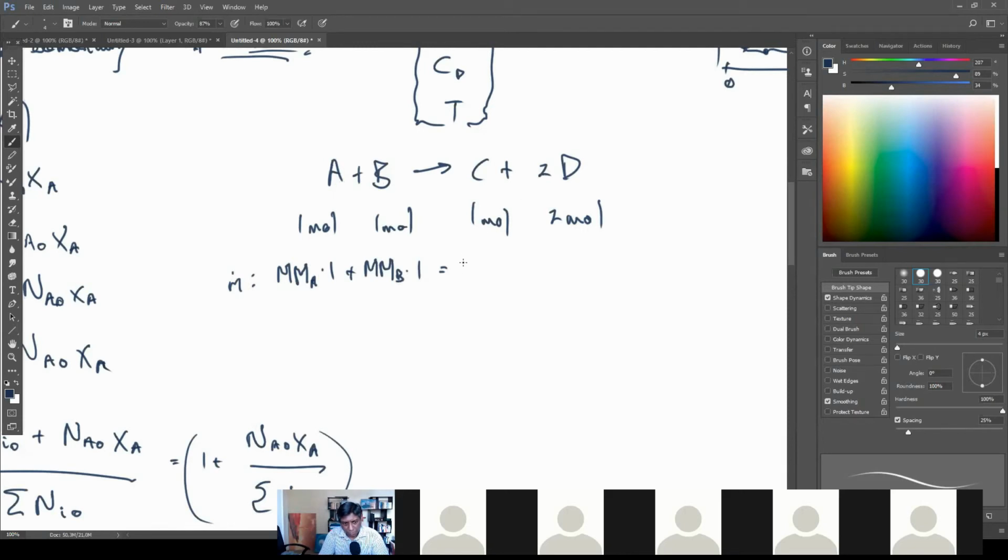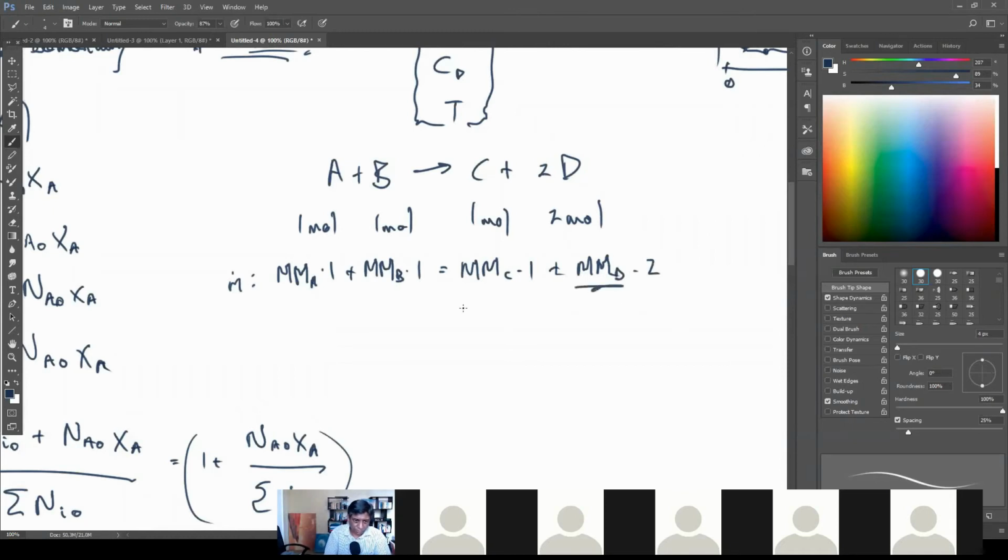So then we'll have the molar mass of C times the 1 mole that formed, plus the molar mass of D times the 2 moles that formed.